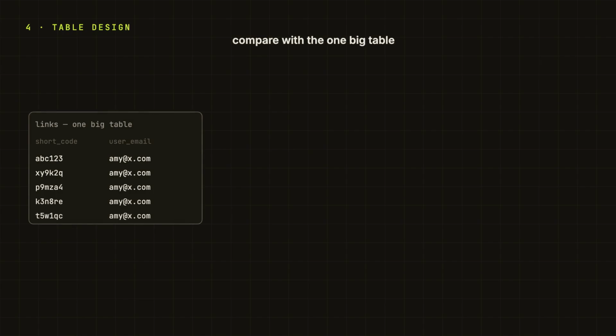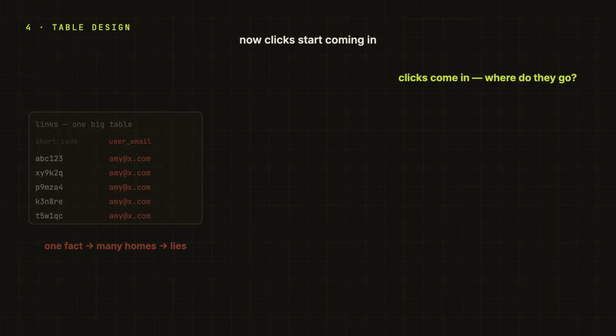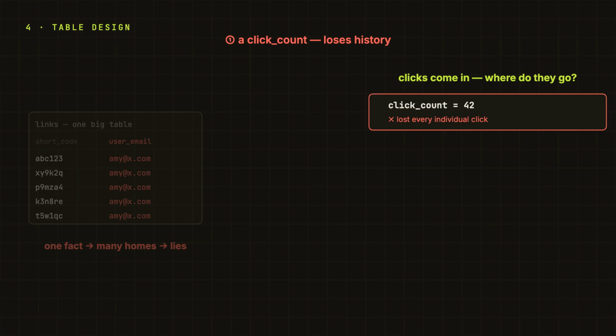Let's compare this with the one big table design. In the big table, user email repeats for every link. So, one fact has many homes. That is where lies come from. Then, clicks start coming in. Where do we put them? We can keep a click count, but then we lose the actual click history.